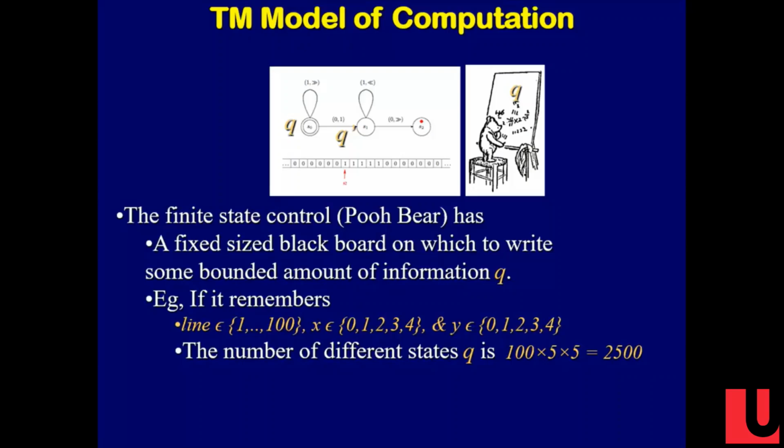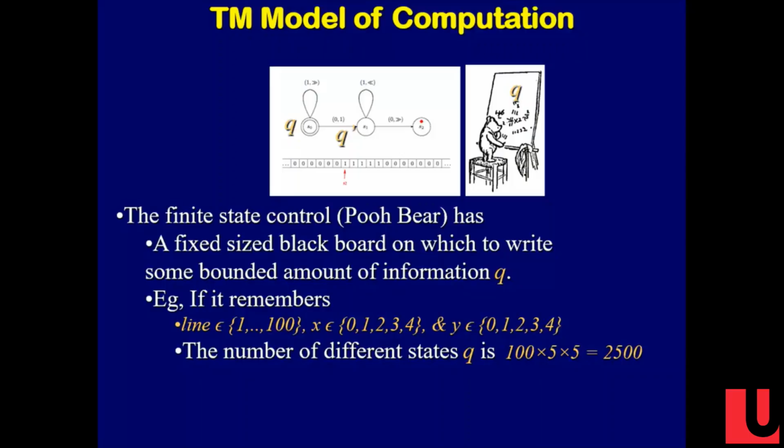If this is what's written on the blackboard, Pooh Bear has to remember which line of code he's on. Pooh Bear has to remember the value of X. Pooh Bear remembers the value of Y. So that's what's written on his blackboard.